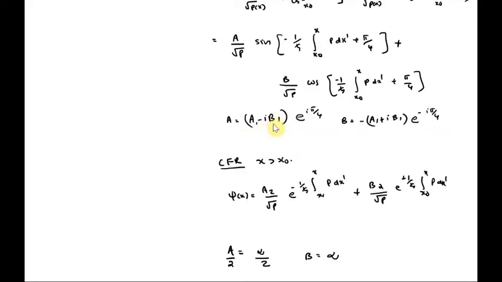So what you are going to get for that quantity, your A2 is going to be alpha by 2, and B2 is going to be alpha itself. So this is going to be the value that you're going to get.